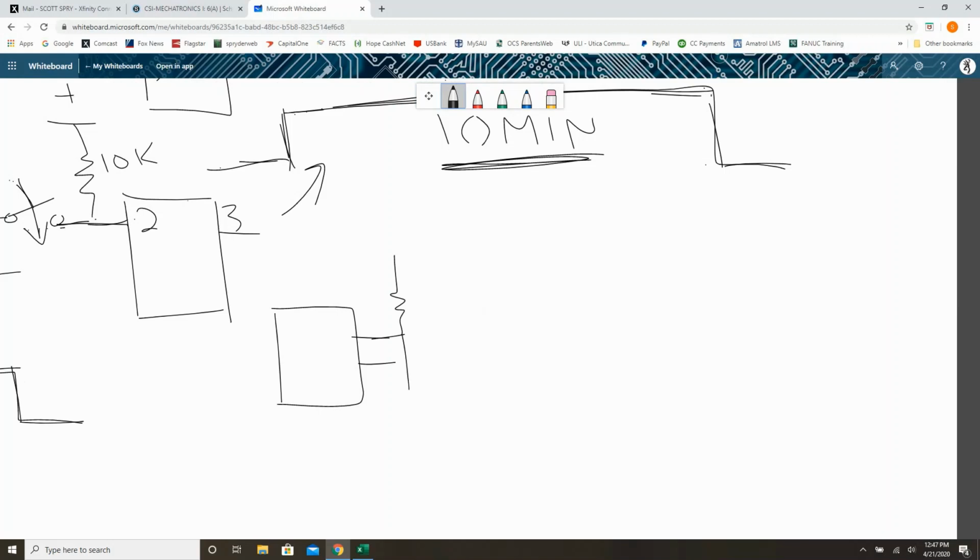You have a resistor that's connected to pin 6 and 7, and then you have an electrolytic capacitor here. Okay? And that's your R and that's your C. And then I already told you the equation is T equals 1.1 times R times C. So let's do an example. Let's say we want a pulse that's 5 seconds long.